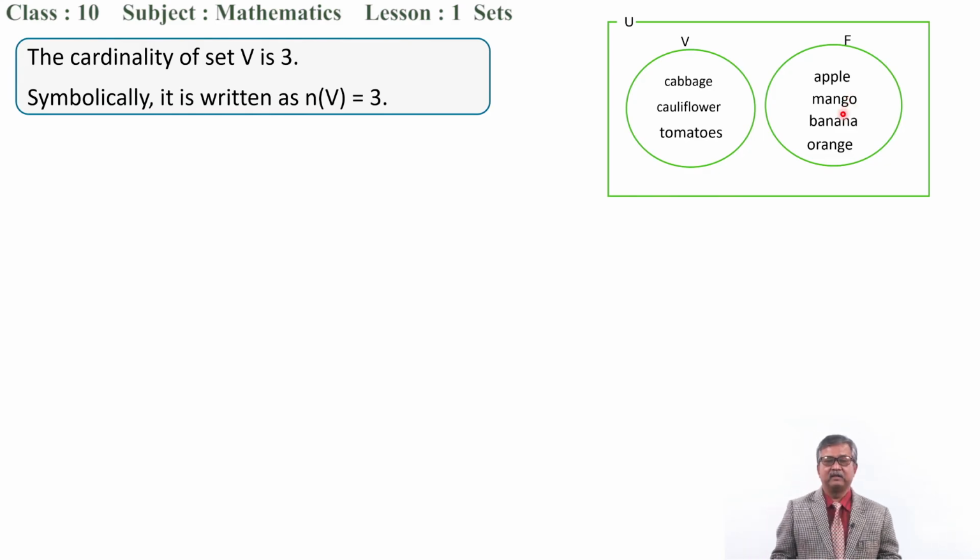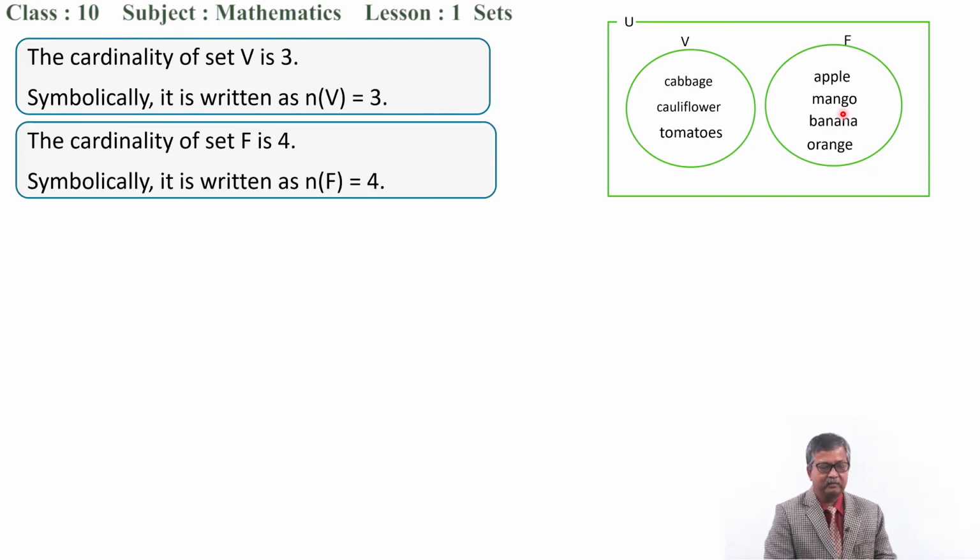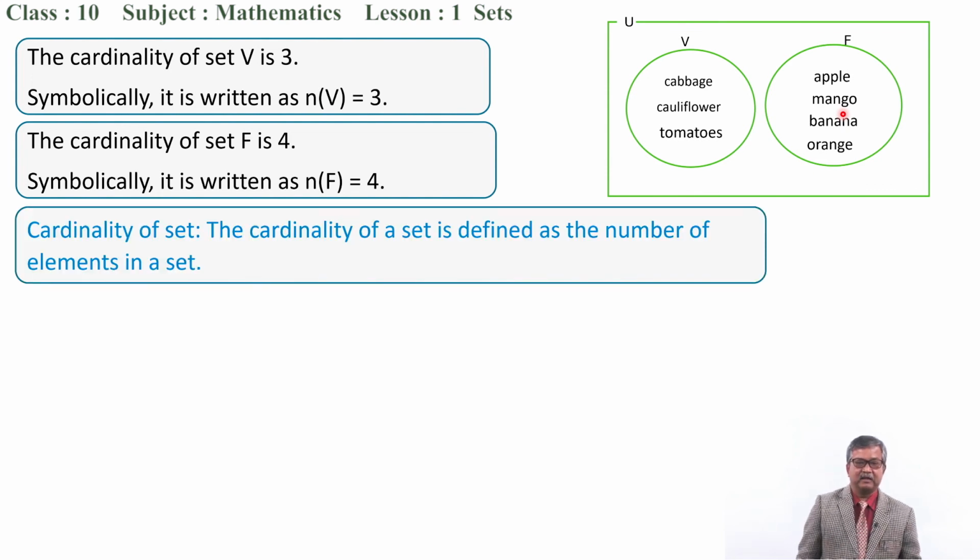Symbolically we can write n(F) = 4. So from this example, how can we define the cardinality? We can define the cardinality of a set as the number of elements in a set.